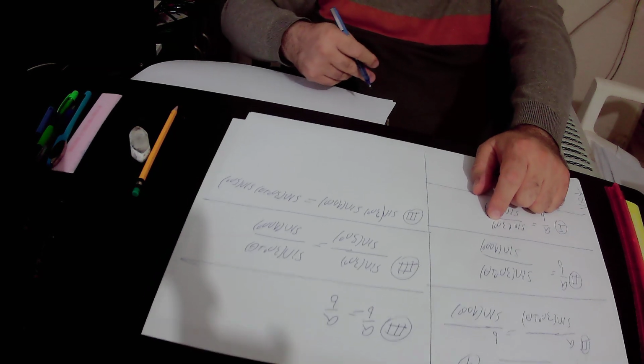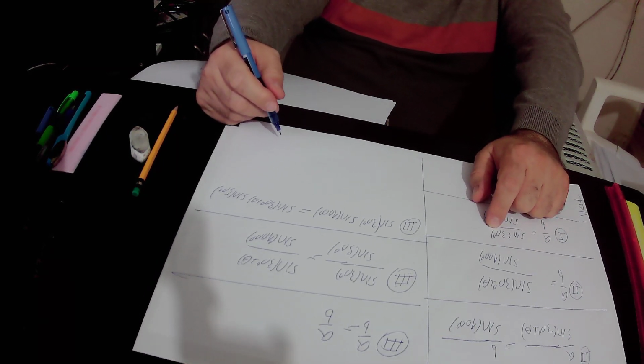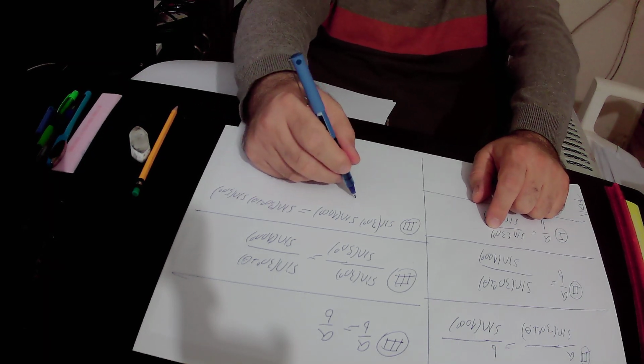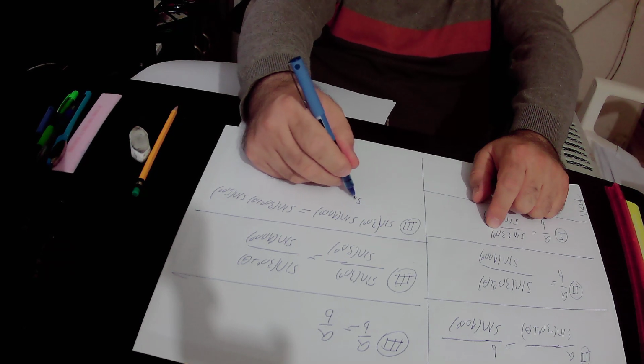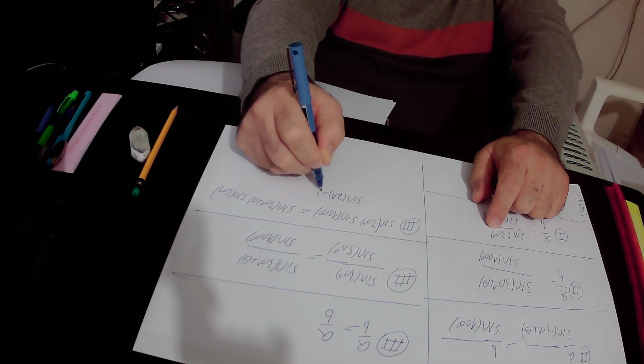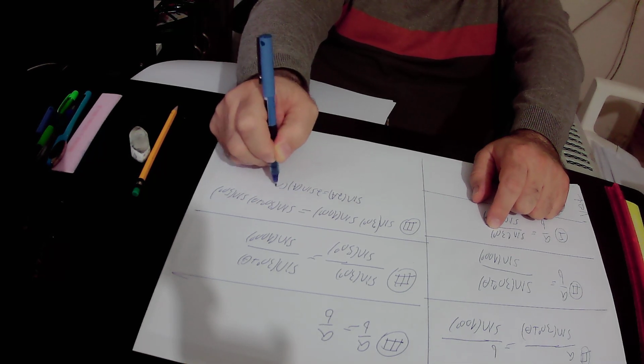Sine 30 degrees is 1 over 2, and we have the trigonometric identity that states that sine 2a equals 2 sine a cosine a.